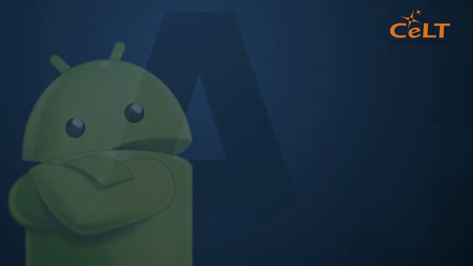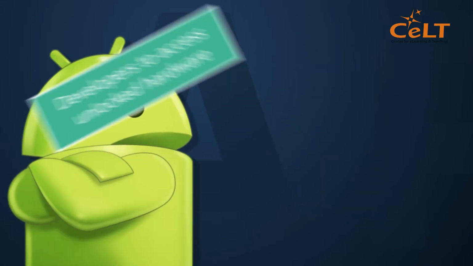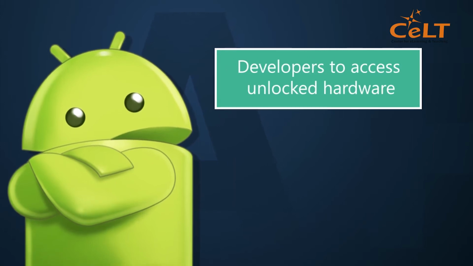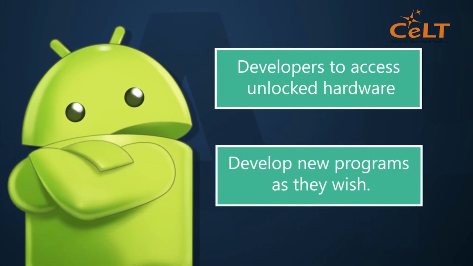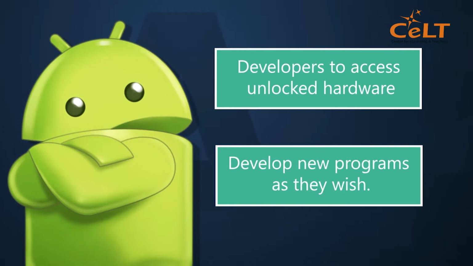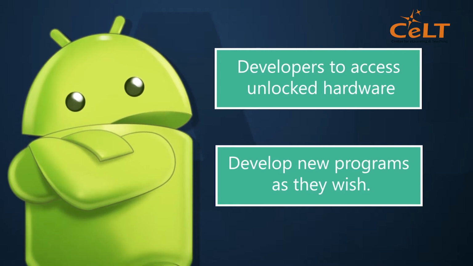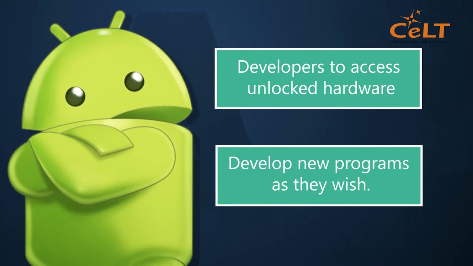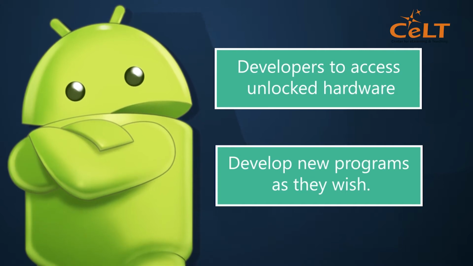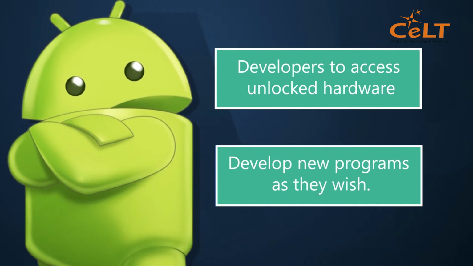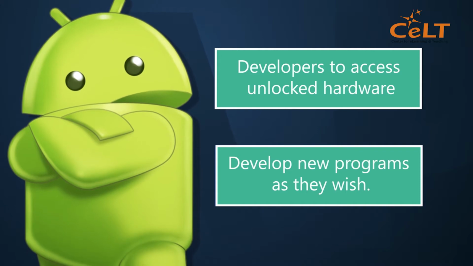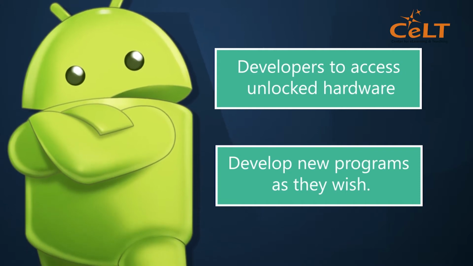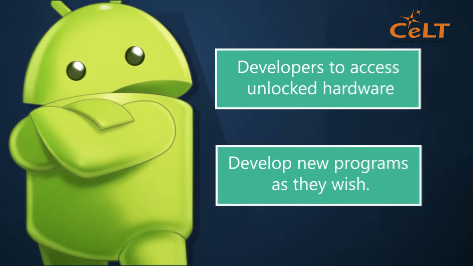Android is an open source operating system which allows developers to access unlocked hardware and develop new programs as they wish. This means unlimited access to anyone who wants to develop apps for the phone and places very little restriction on its licensing. So, users benefit from masses of free content.